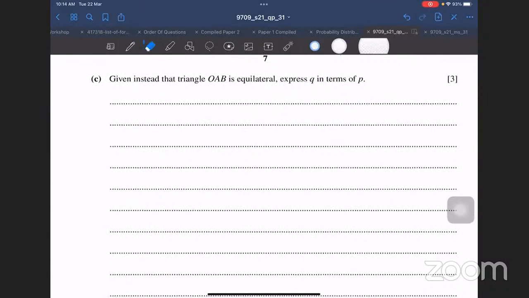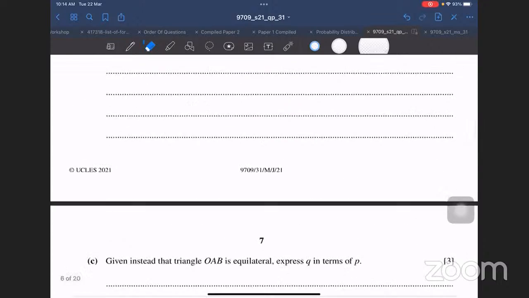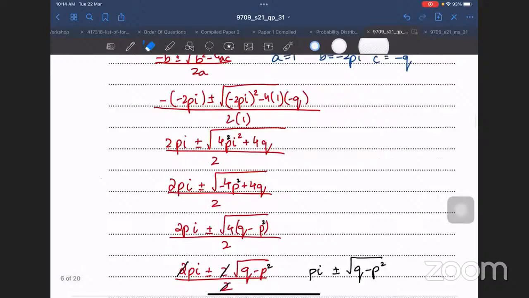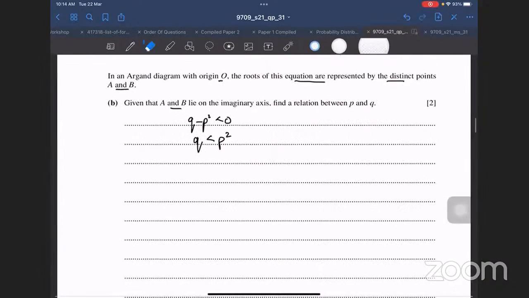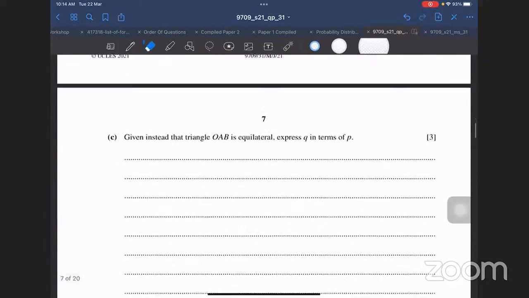Given instead that the triangle OAB is equilateral, express Q in terms of P. Now OAB is equilateral. The roots are represented by the distinct points. So what were the two roots?